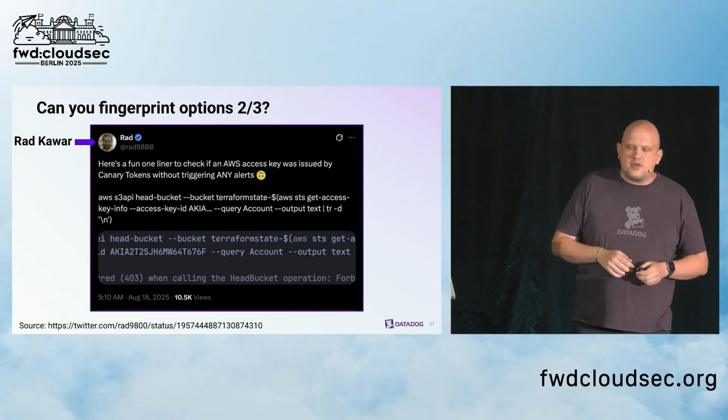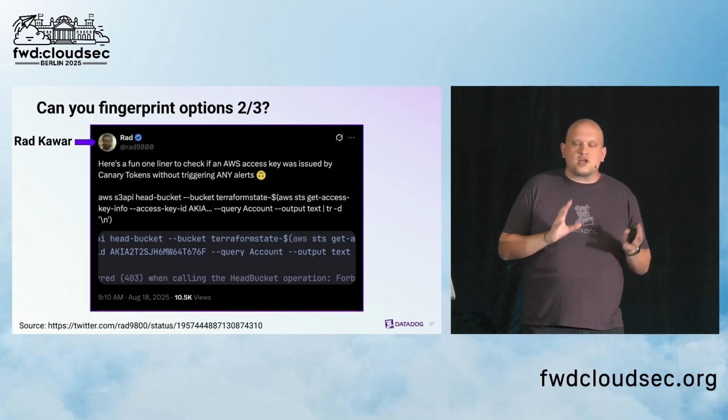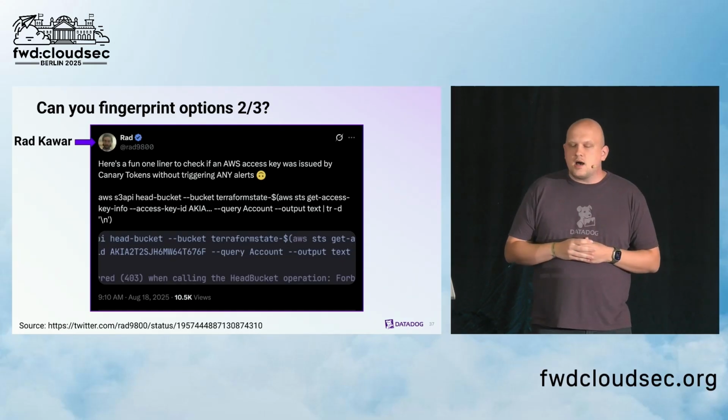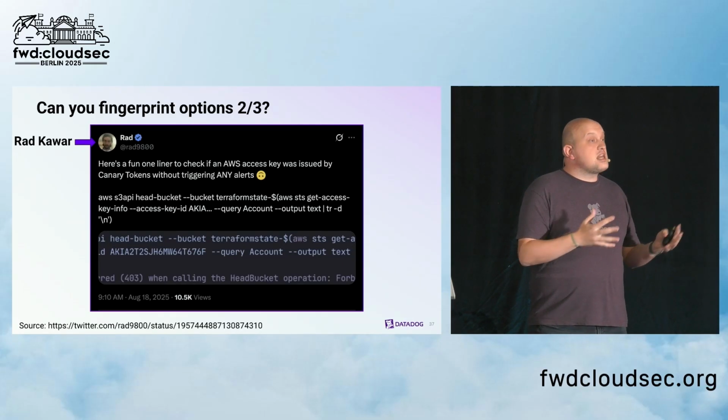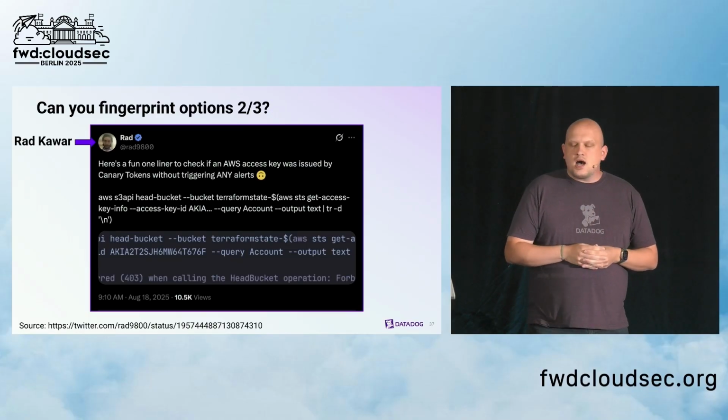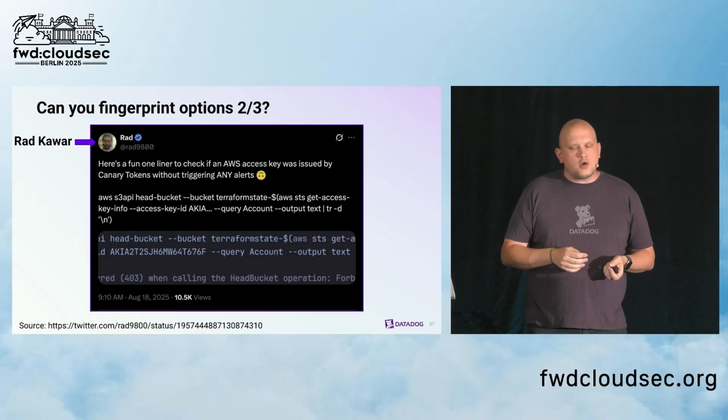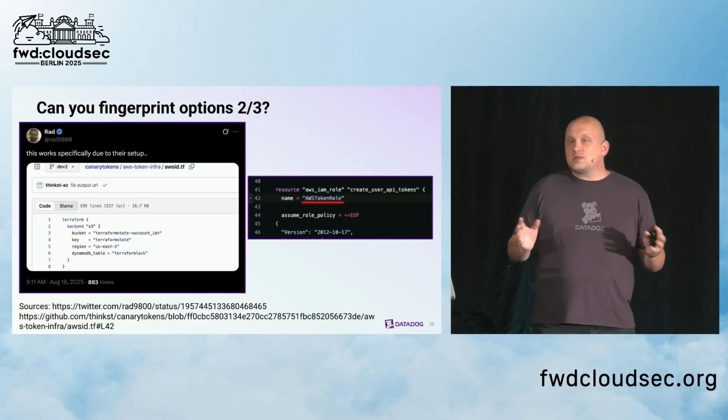A second method comes to us from a researcher by the name of Rad Kawar, who took a side channel approach to it. Similar to what I described before, he knew you could derive an account ID from an access key. And with that information, he also knew that Thinks Canary's infrastructure, at least part of it, is actually open source.